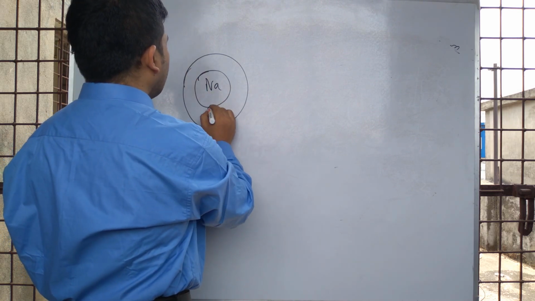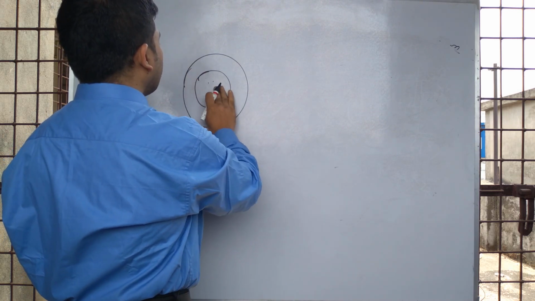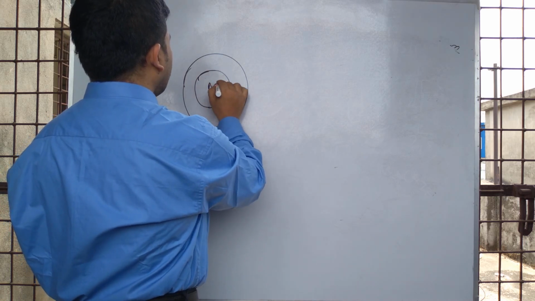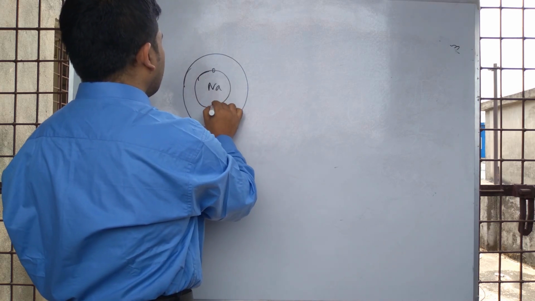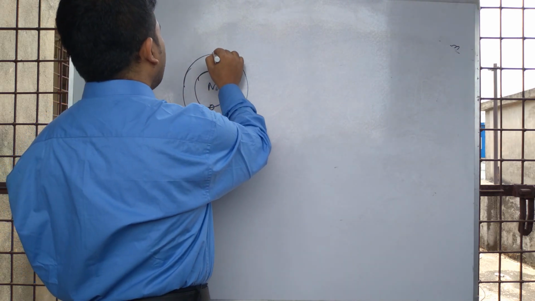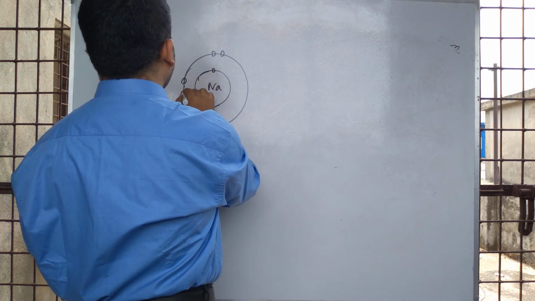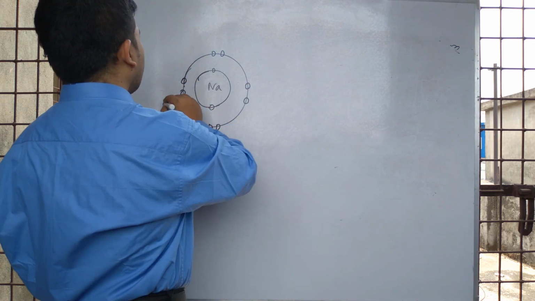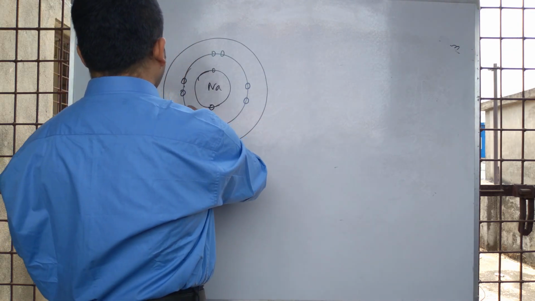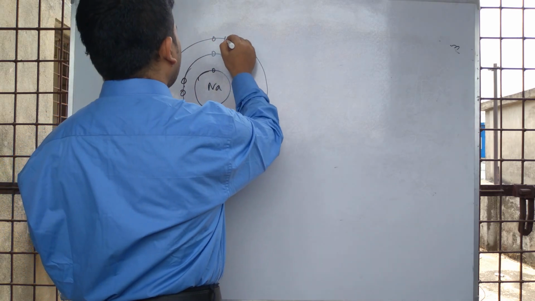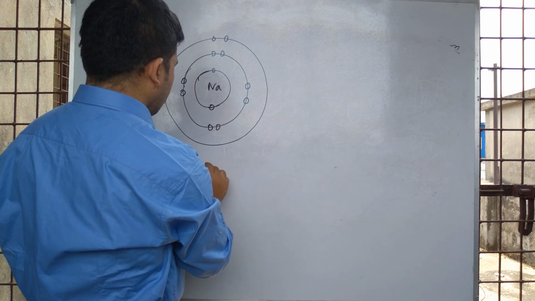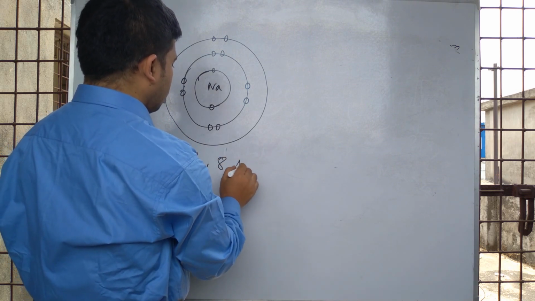In K shell sodium has 2 electrons. Then in L shell it has 8 electrons, and in the next shell it has 1, so 2, 8, 1.